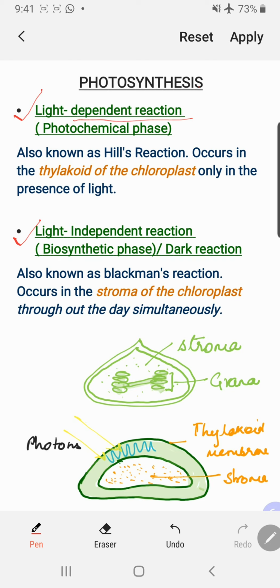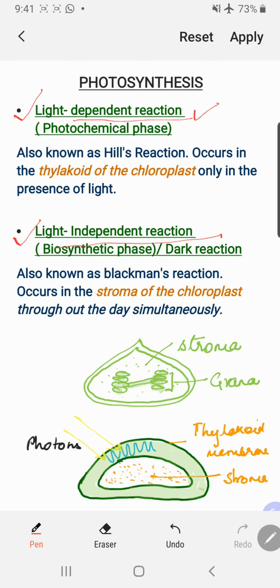Light dependent reaction means all those reactions which need light as a compulsory thing. Right? So light is necessary for the reactions. All those reactions are included under the heading light dependent reactions, and the other one is light independent reaction. Light independent reaction does not mean that it is taking place in dark only.